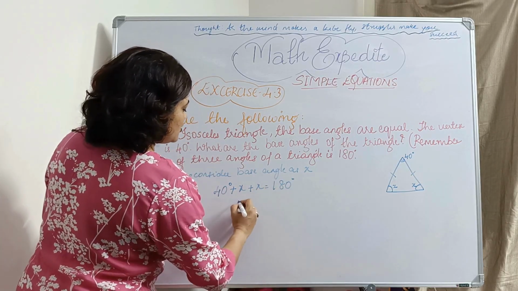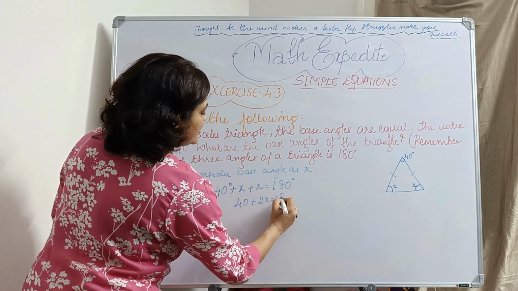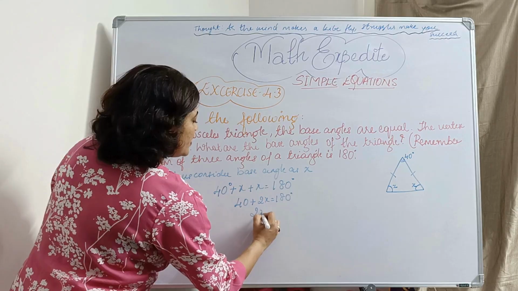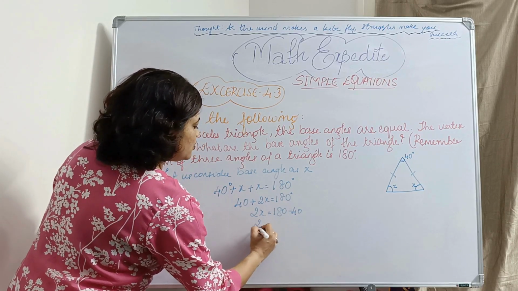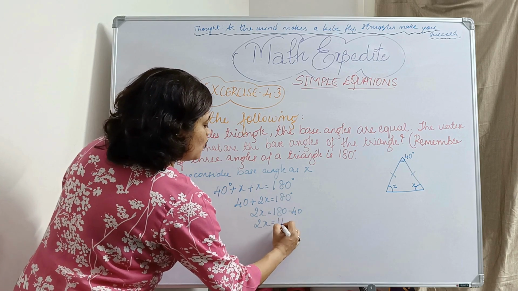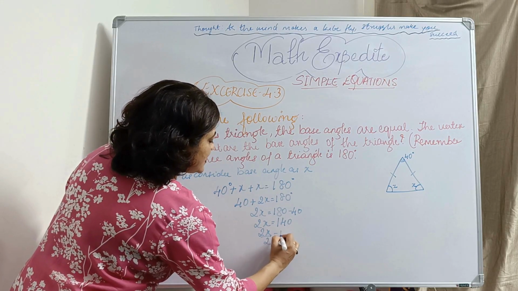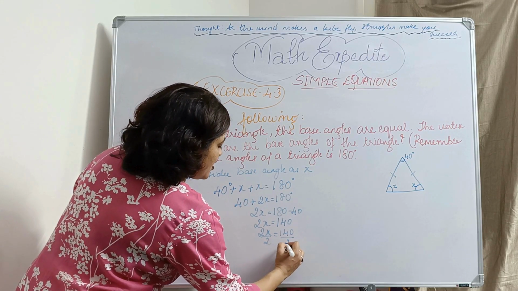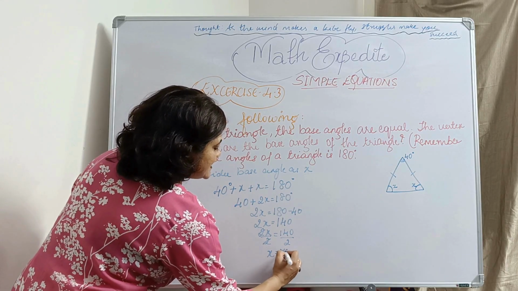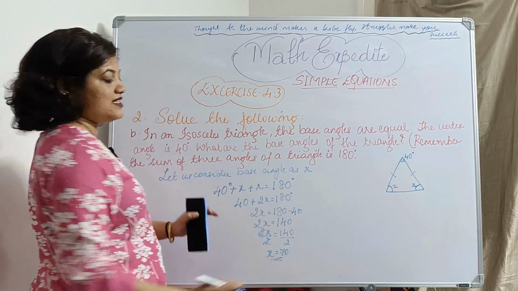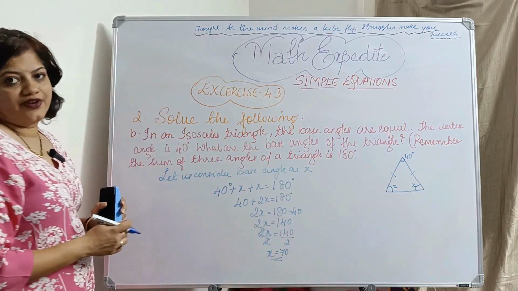Okay, so how much will it become? 40 plus 2x equals 180. I'll transpose: 2x equals 180 minus 40. 2x is equal to 140. Now let us divide by 2 on both the sides. Okay, 2 gets cancelled. x equals 70 degree. That is, we have 70 degree and 70 degree here.